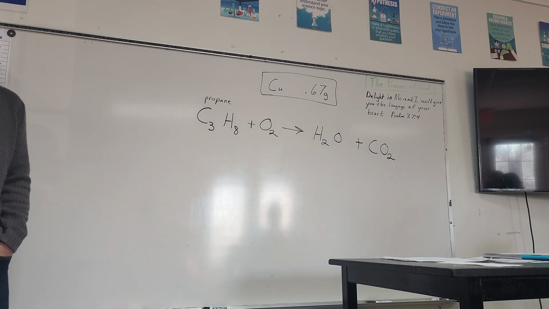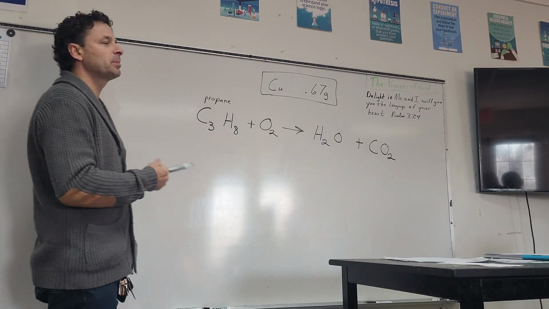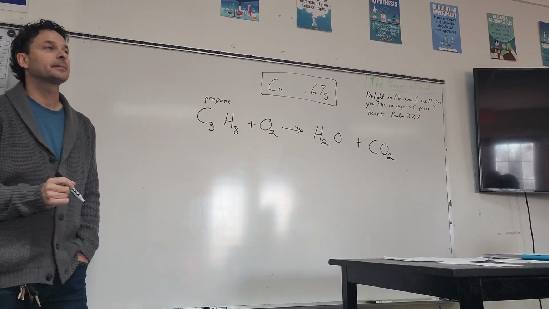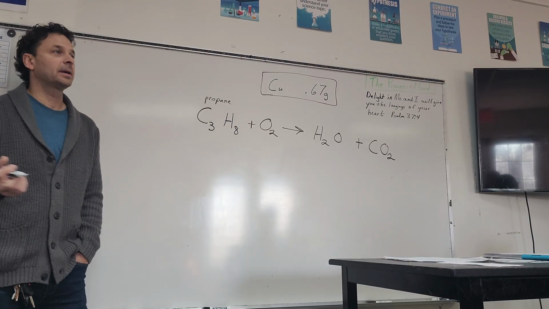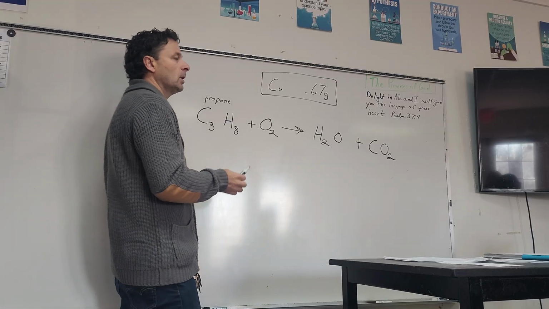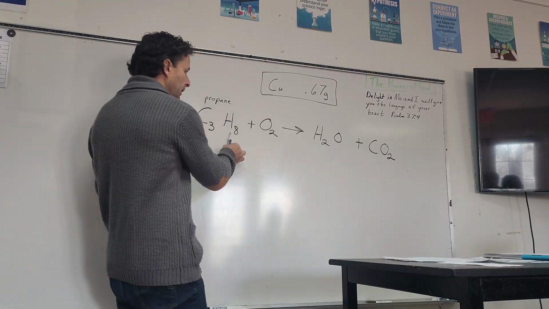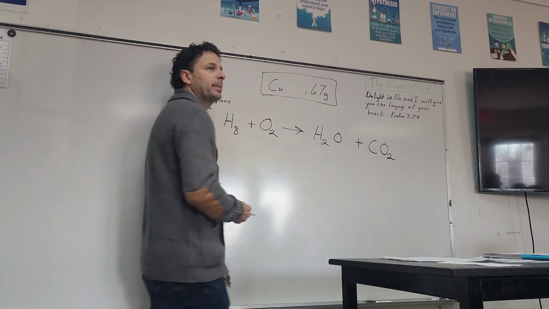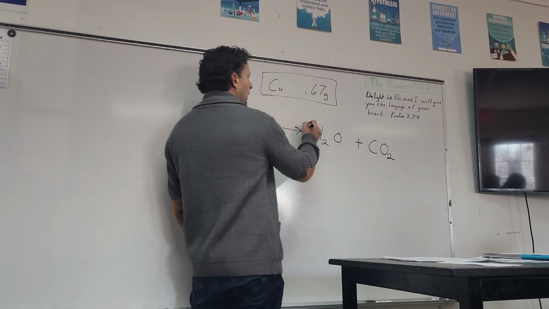Then, what do you do next when it comes to combustion of a hydrocarbon? Coefficient. Yeah, but where do we start? I gave you a rule. H2O, water. Yeah, we start with water. Always start with water, and look how you can balance these hydrogens. This is an 8. I need what to balance it off? A 4.